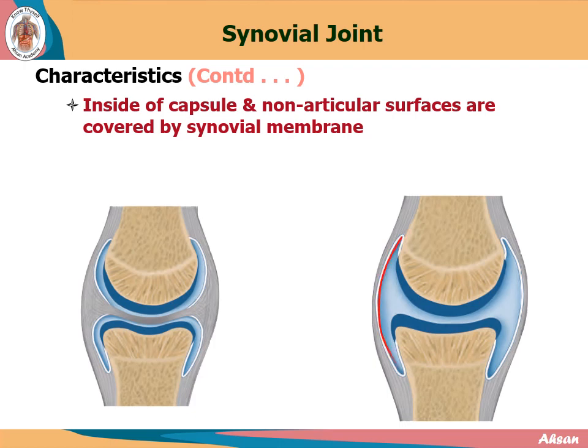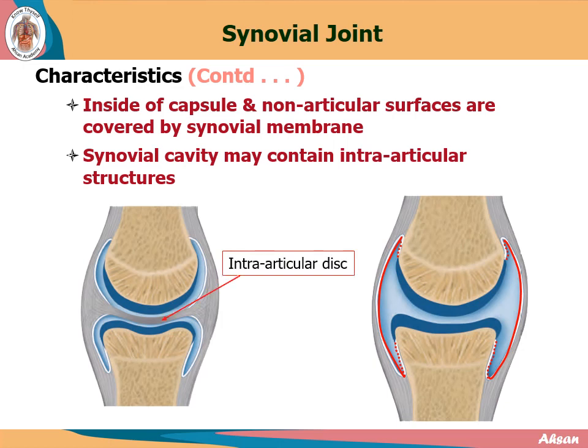The red line is showing the inner surface of the capsule covered by the synovial membrane, and the red dotted lines indicate the bony surface that remains within the joint cavity but is not covered by articular cartilage or synovial membrane. There may be some intra-articular structure.